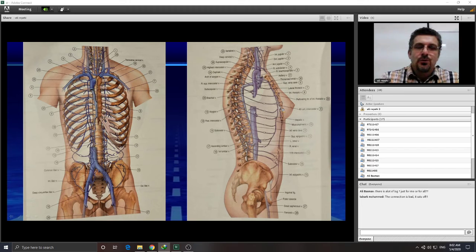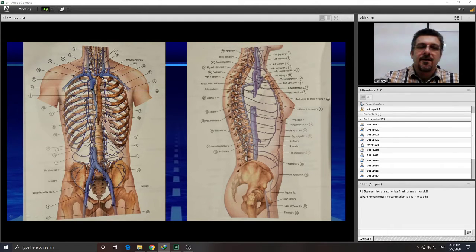As I told you, we have anterior intercostal arteries. We have anterior intercostal veins, like the arteries. These veins drain into the internal thoracic vein, and finally the internal thoracic vein on each side terminates in the brachiocephalic vein.